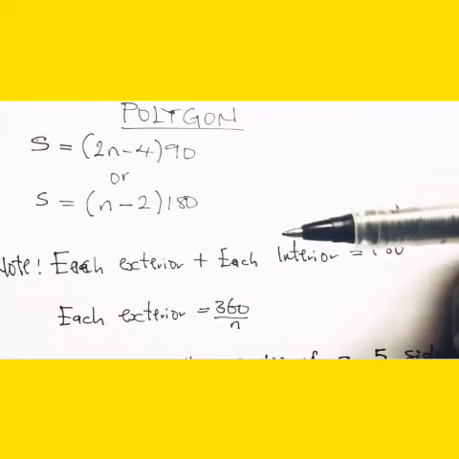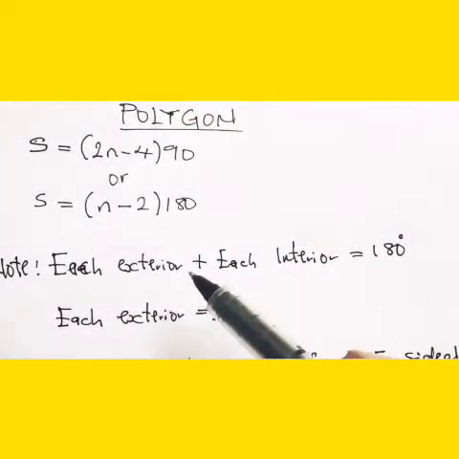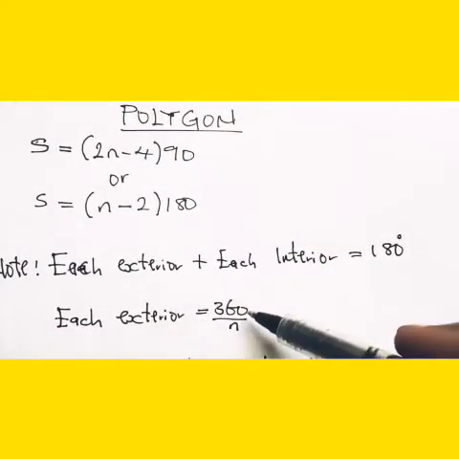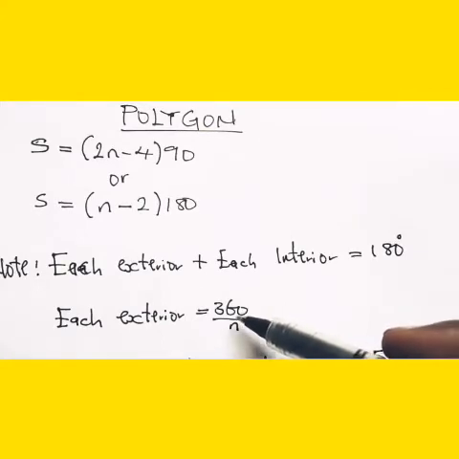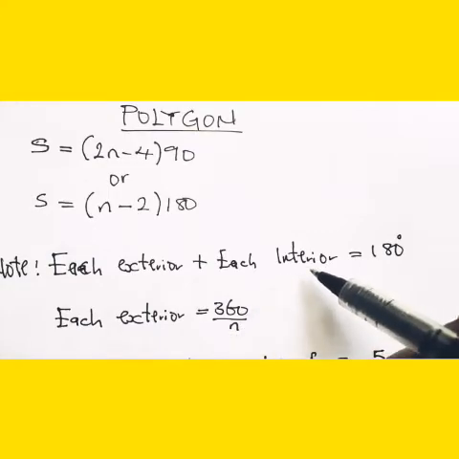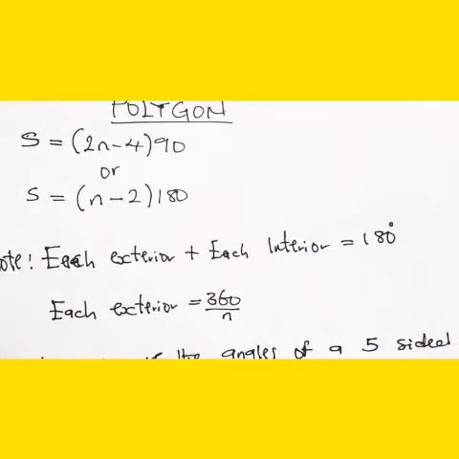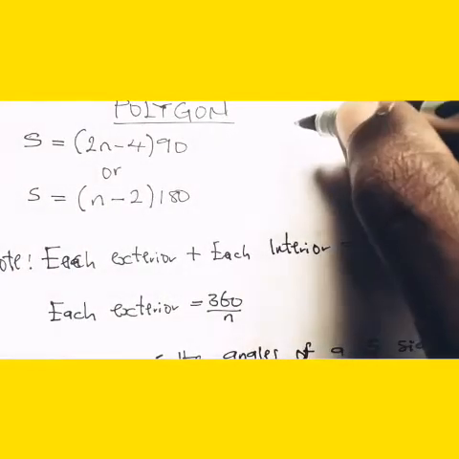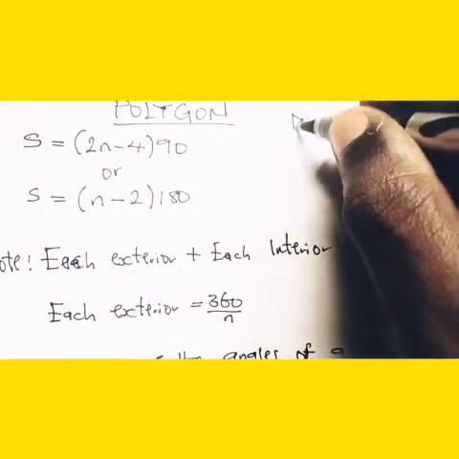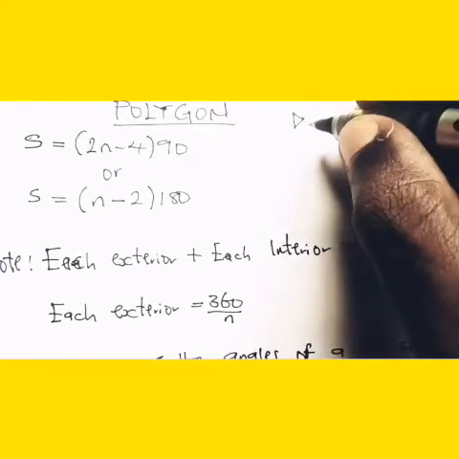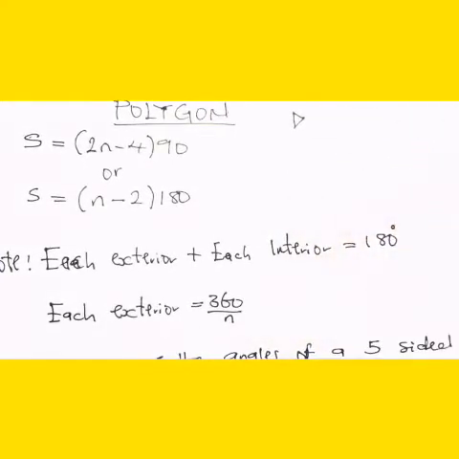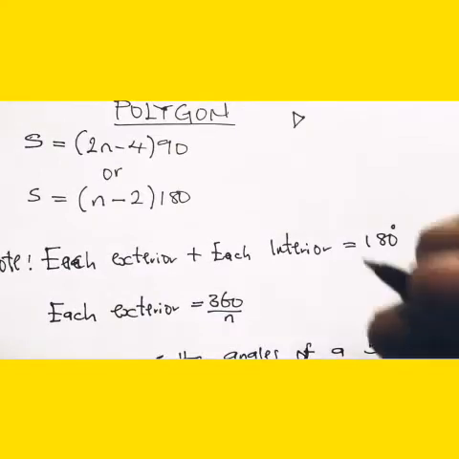There are other questions where we can apply this formula to solve the same problem. To calculate each exterior angle, the sum of all exterior angles is 360, so each exterior angle is 360 over n, while each interior angle depends on the polygon's size. The lowest polygon we have is the triangle, with 3 sides. Then we have the pentagon, the hexagon, the heptagon, and so on.